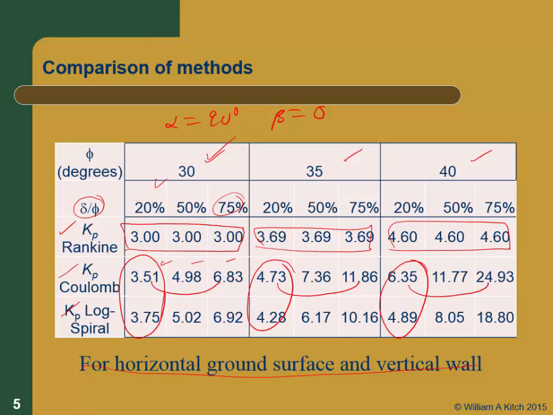right? And which one is the more accurate solution? The log spiral, right? And where does Rankine fit in all these? So log spiral is the theoretically best solution of these, all we've got for passive pressure, right? So these data are pretty important.